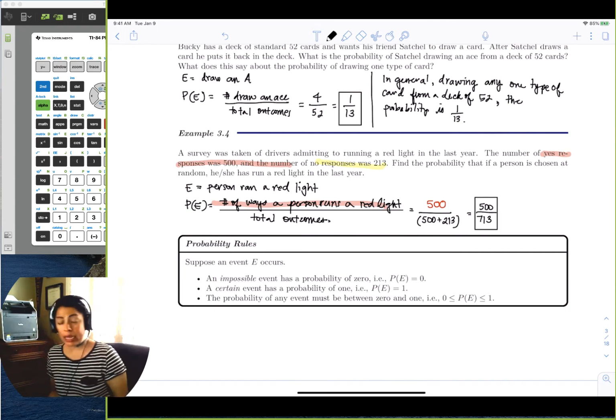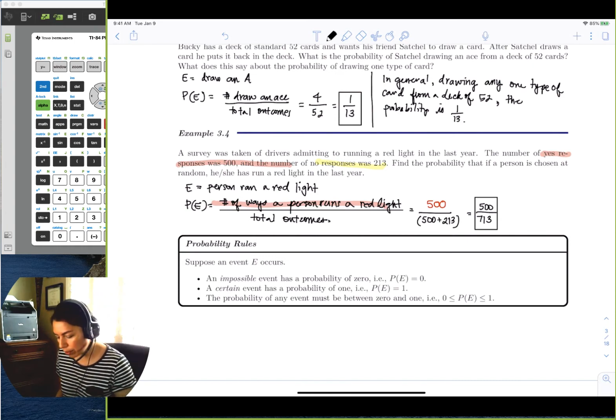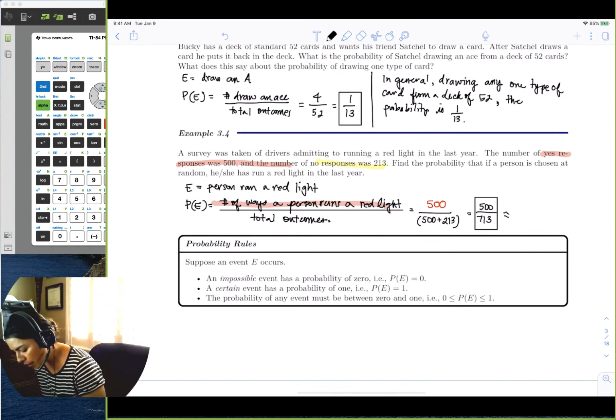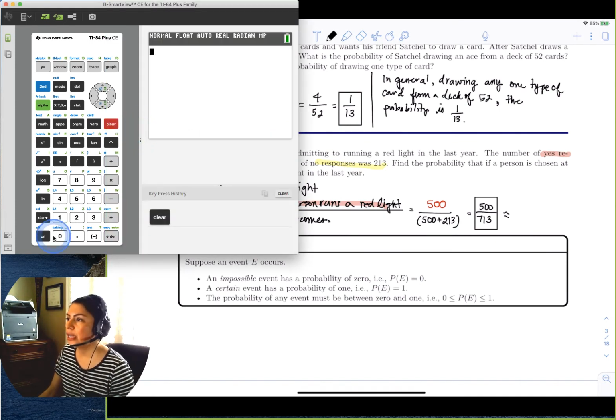But in real life, when we talk in conversation about these chances of running a red light, we usually use a decimal form. So let me show you the approximate form where we would just go to our calculator and put in 500 divided by 713.